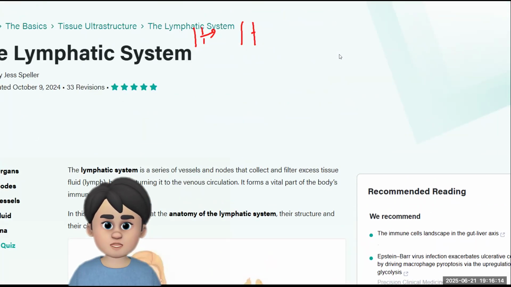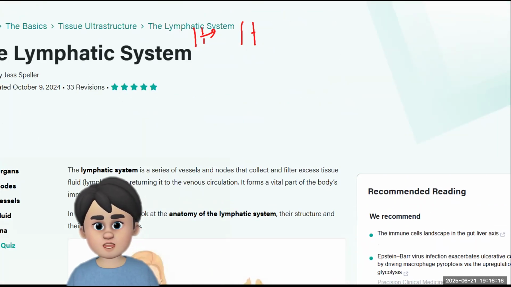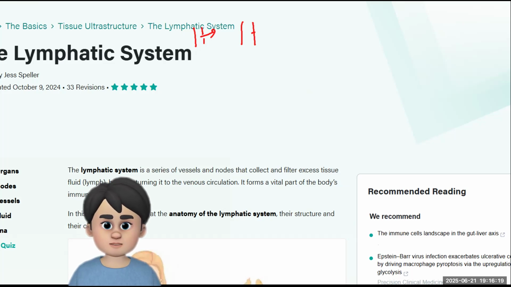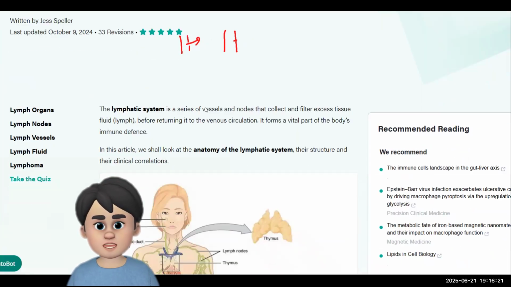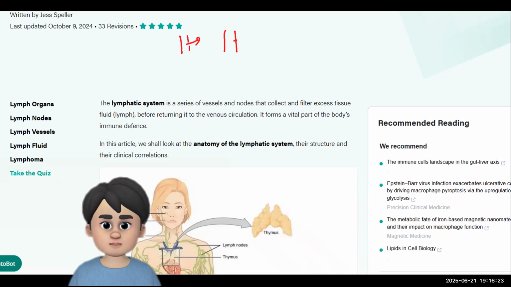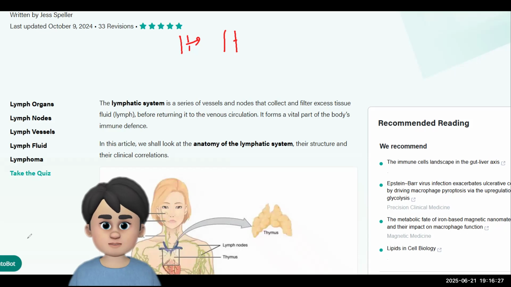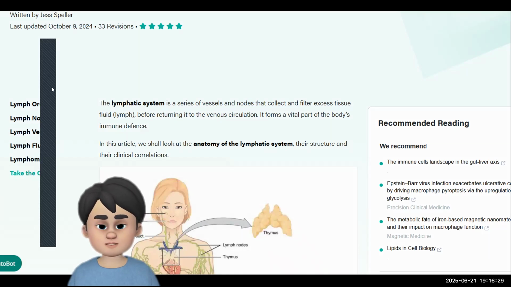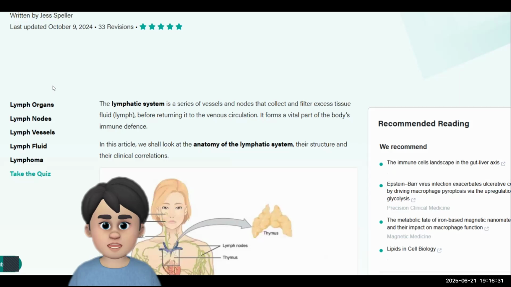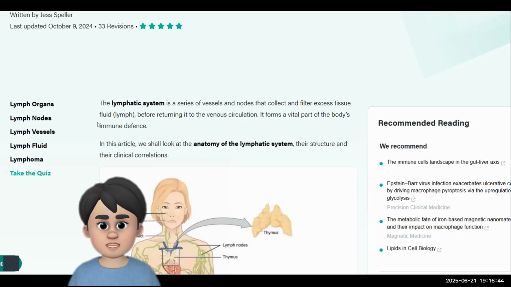So this is what I'm going to discuss now, the lymphatic system. A lymphatic system is a series of vessels and nodes that collect and filter excess tissue fluid, lymph, before returning it into the venous circulation. You can see here the lymphatic system draining into the venous circulation.